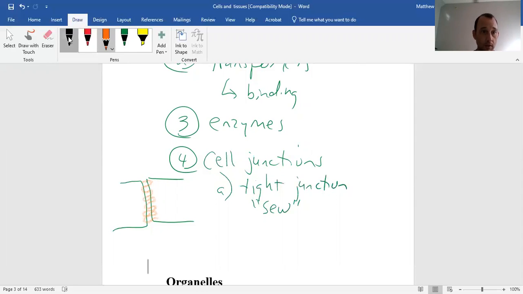That's good because they create, for the most part, an impermeable boundary. If something has to move from this side of the cell to this side of the cell, it can't go in between the cells. It actually has to go through the cell membrane, the fluid, and the cell membrane on the other side. It can't go between them.